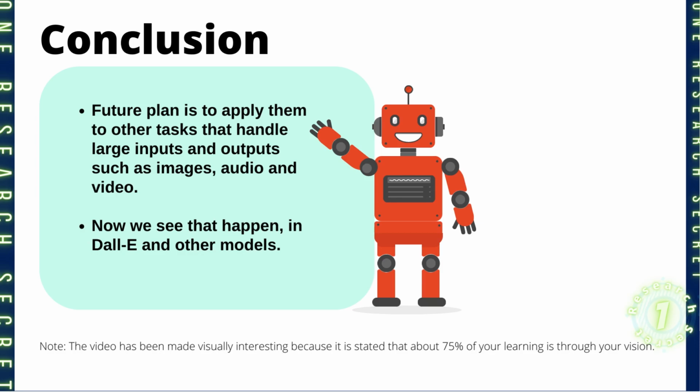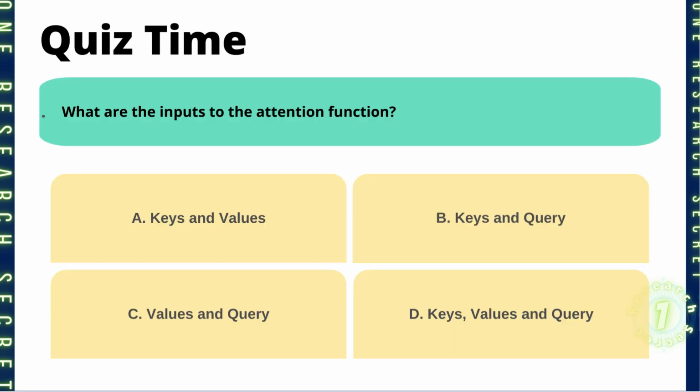And now it's quiz time. In my last video, I had a quiz: what are the inputs to the attention function? Keys and values, keys and query, values and query, keys, values, and query. Leave your answers in the comment section below and let's see how many of you get it right.